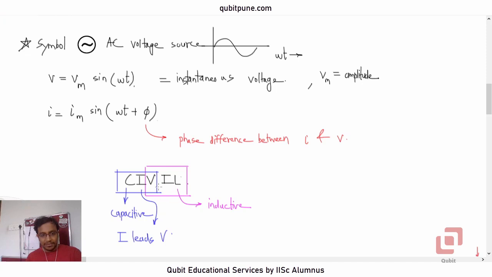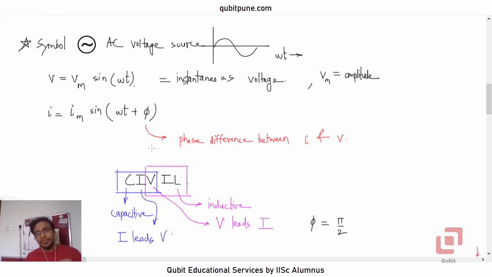V comes first, then I, so V leads current. And in either of the cases, the phase angle is pi by 2. So if it is a capacitive circuit, then it will be plus pi by 2. If it is an inductive circuit, then it will be negative pi by 2.